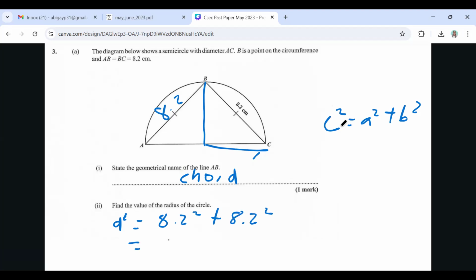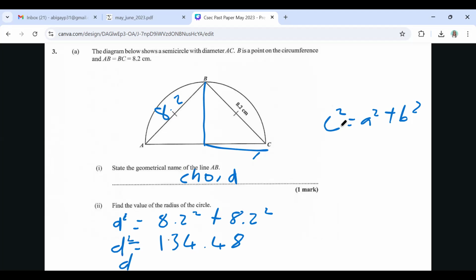Let us add those up. And we're supposed to get 134.48, and that is still squared.